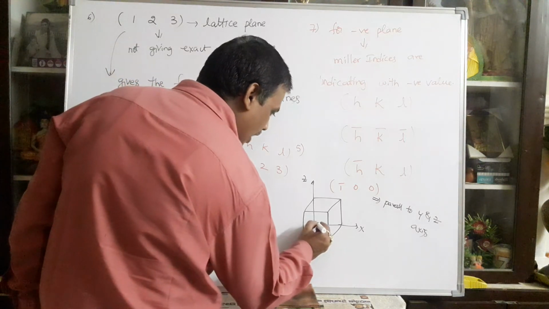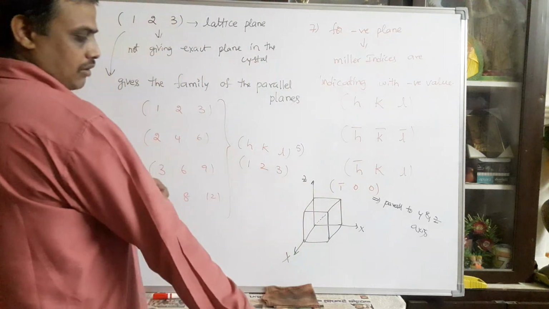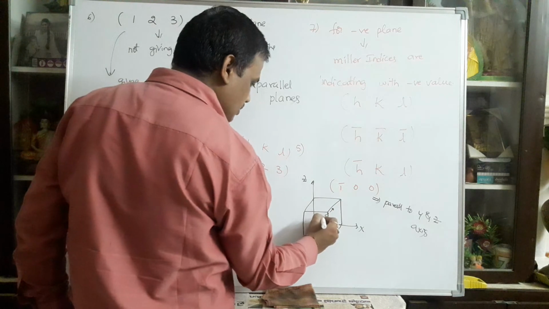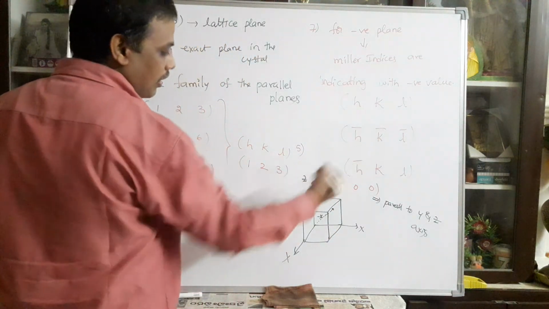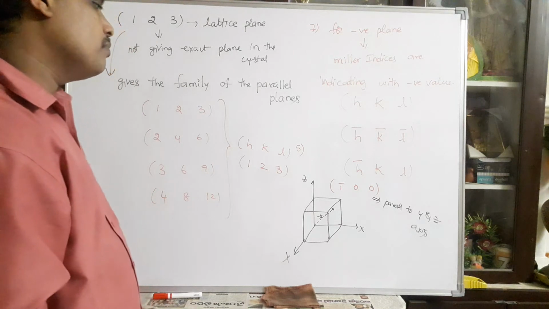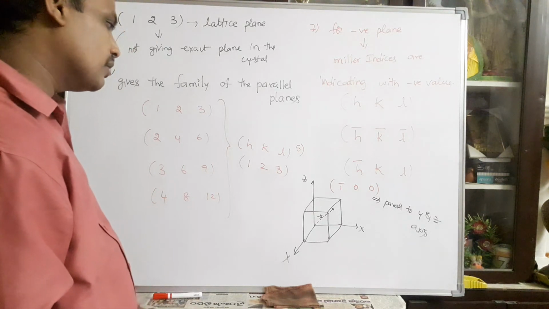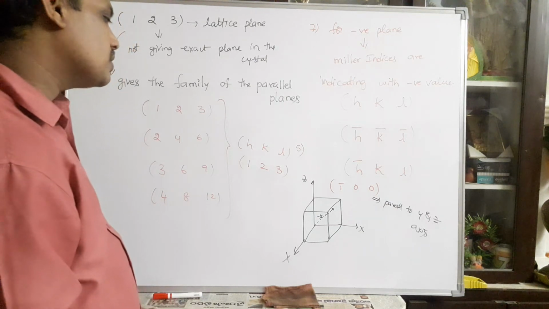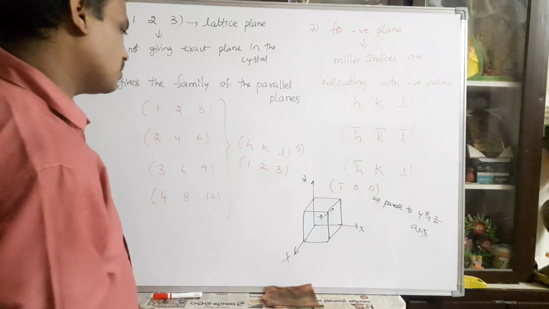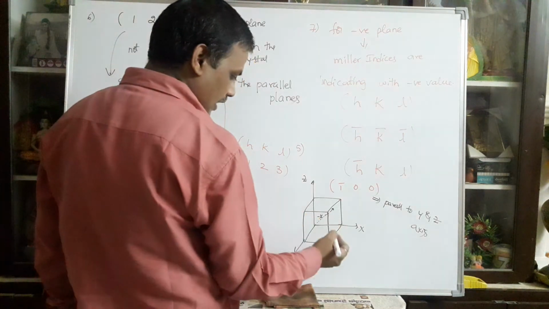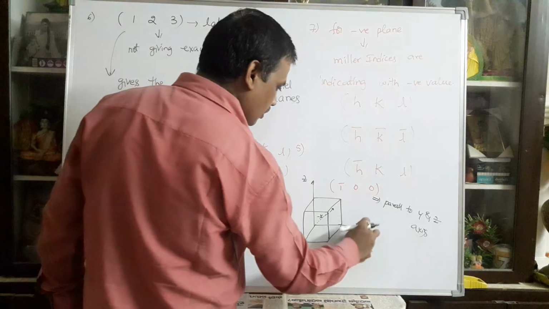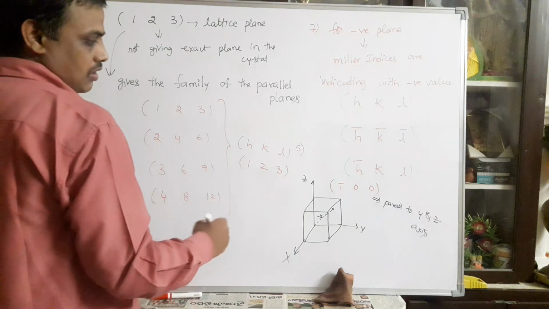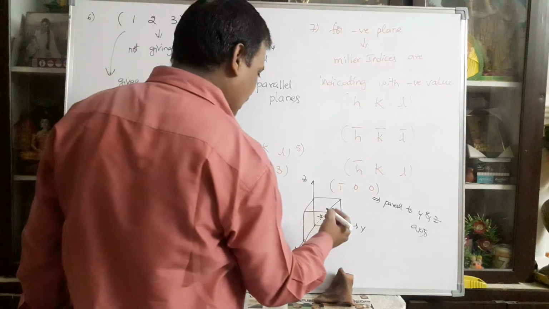You can go backward like this, and that plane is called minus X. So the backward plane can be taken as the negative X axis. You can draw the plane parallel to the Y and Z axes and in the negative direction.